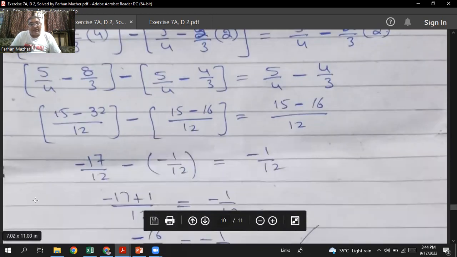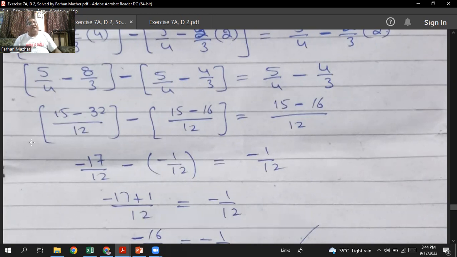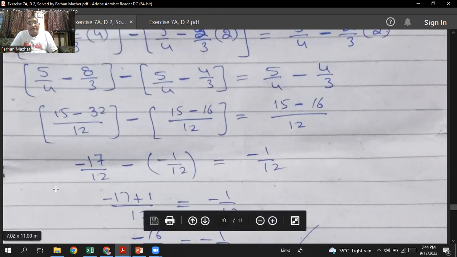The LCM will be 12, and you will have 15 minus 32, the whole thing divided by 12, minus, and in the second bracket I will also take the LCM. The LCM of 4 and 3 is 12, so I will write 12 downstairs. Then you have 15 minus 16, that is minus 1. And here you will have the LCM 12.